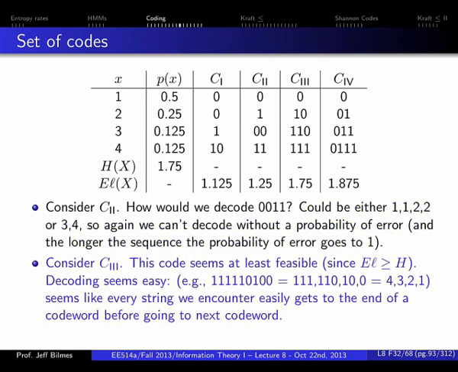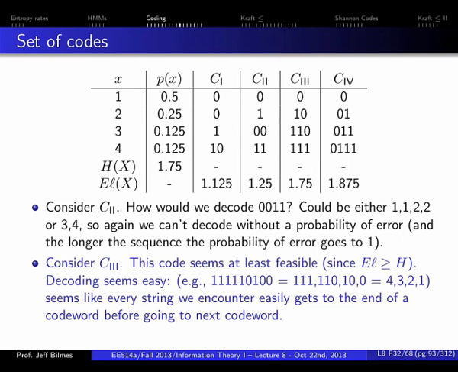What about C3? This seems feasible at least, since the entropy rate is below the expected length. And decoding seems easy. When we have 111, 110, and 1010, we get 4321. Every string we encounter seems to easily get to the end of a code word before getting to the next code word.